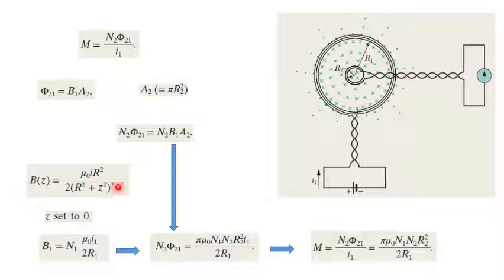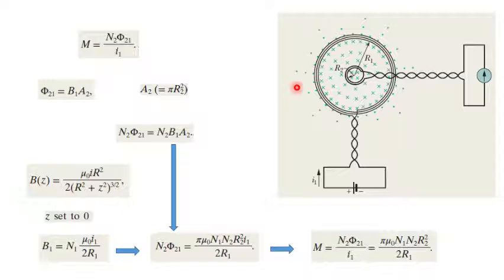This was the magnetic field of a coil. So in the present case, the value of Z, where we measure the magnetic field, equals 0 because they are in the same plane. So the magnetic field due to a coil would be mu naught I R squared over 2R cubed. So it is mu naught I over 2R.